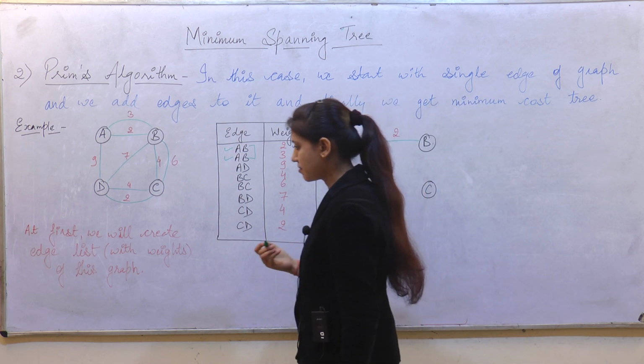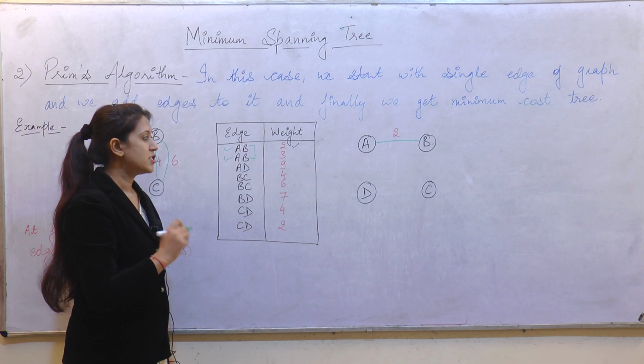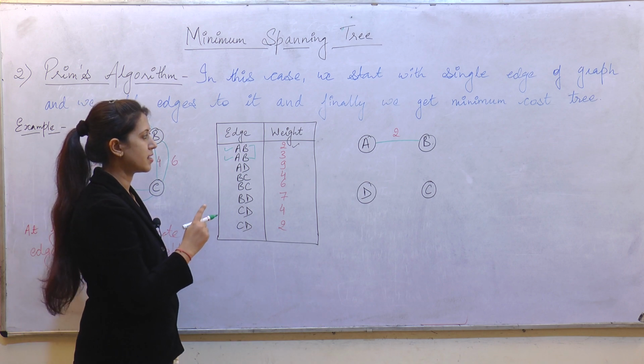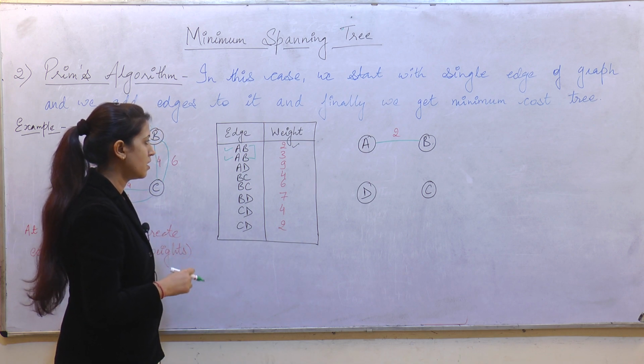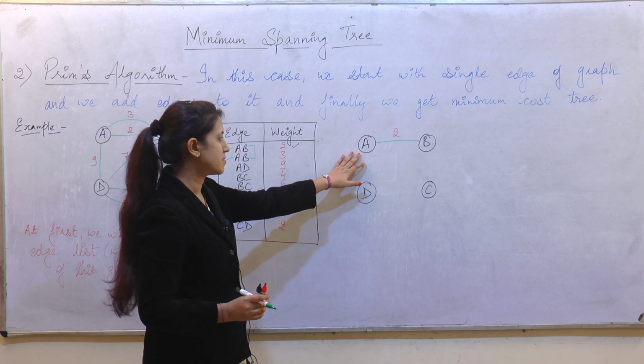Now the next question is which edge we should use to connect the rest of the nodes so that we get a minimum spanning tree. For connecting the other nodes we have options.